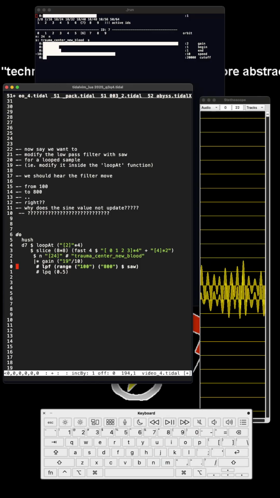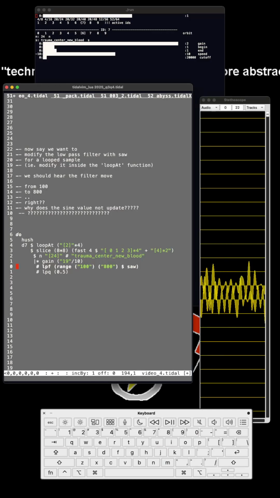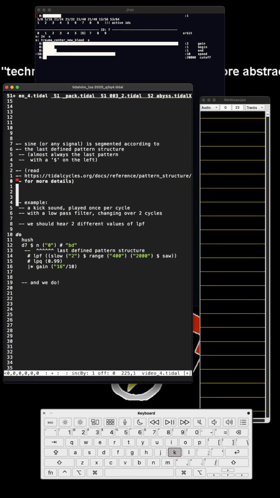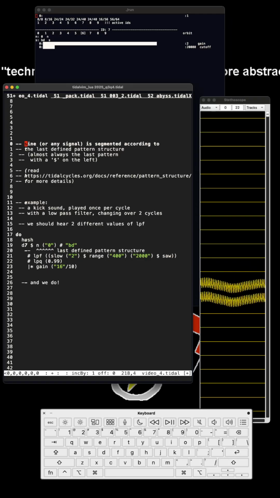So why does the value not update? Well, this is because saw, or any signal, is segmented according to the last defined pattern structure. This is almost always the last pattern with a dollar sign to the left of it. So in this case here, it's n0.